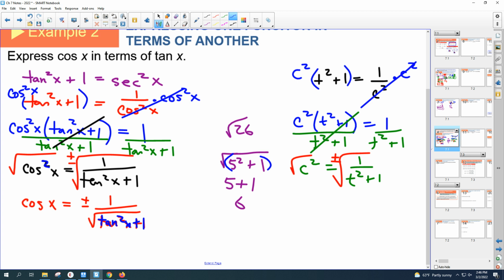Now, I'm almost done, but there's one more step, and it's kind of gross. We've got a square root on the bottom, and we know how to get rid of that square root. We're going to multiply by the square root over the square root. It looks grosser than it actually is. We're going to have to multiply by the square root of tangent squared x plus 1 over itself.